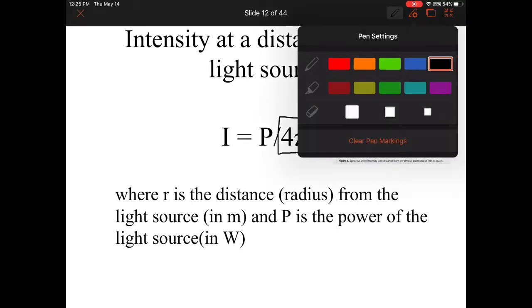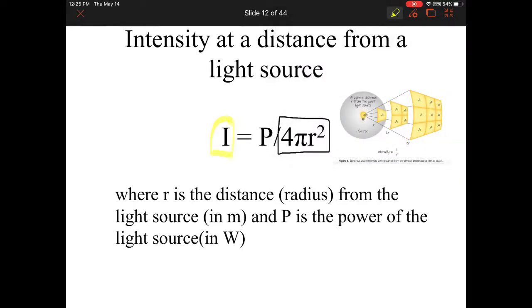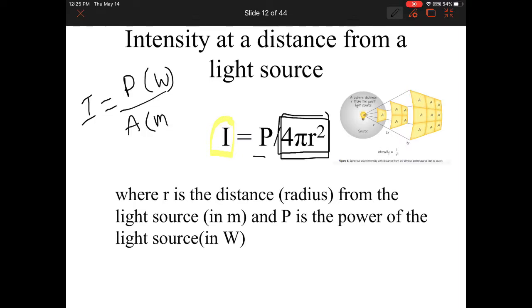The intensity of a light source is equal to power divided by area. That's it. Intensity is power in watts divided by area in meters squared. The only thing that makes this equation look intimidating is, where did the 4 pi r squared come from?